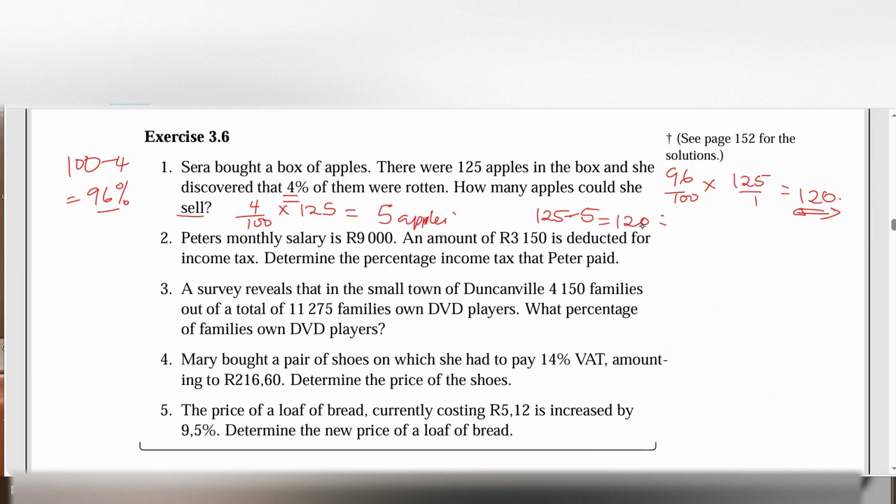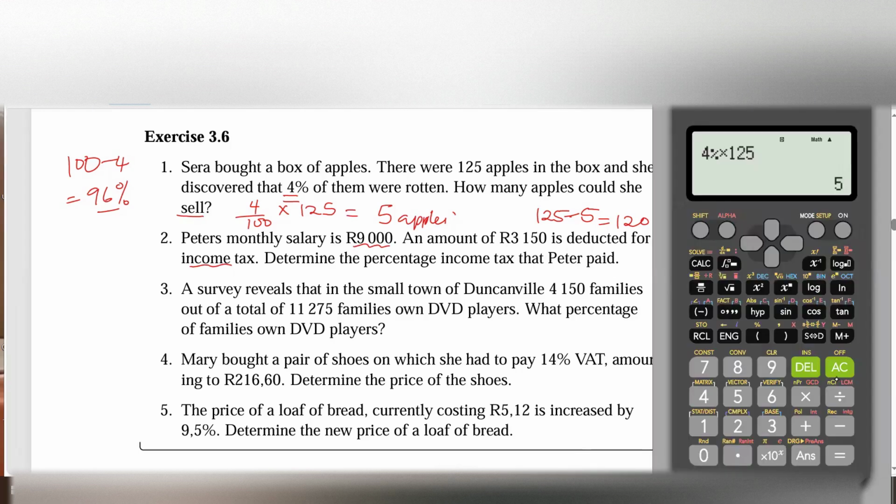And then number 2, Peter's monthly salary is 9,000. An amount of 3,150 is deducted for income tax. Can we determine the percentage that he pays? So the 3,150 over the 9,000, we're going to multiply it by 100, meaning that whenever we want to change anything to a percent, we have to multiply by 100.